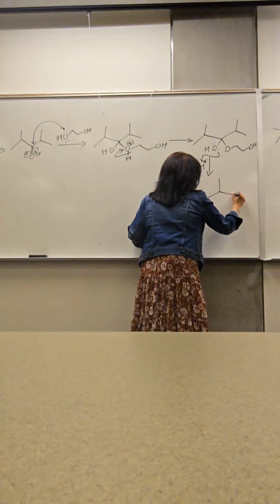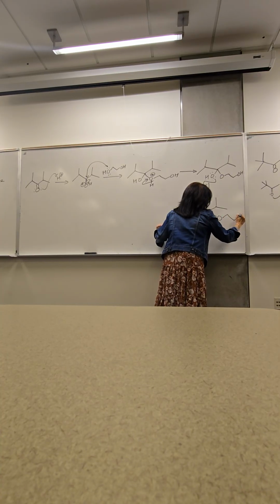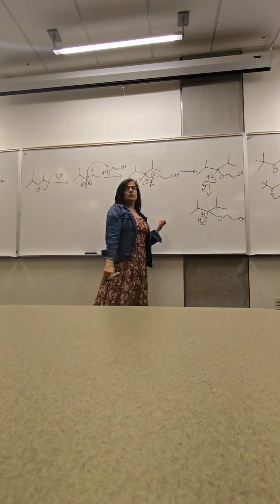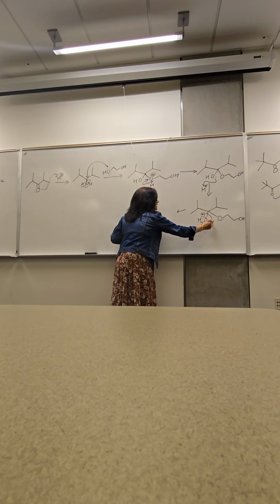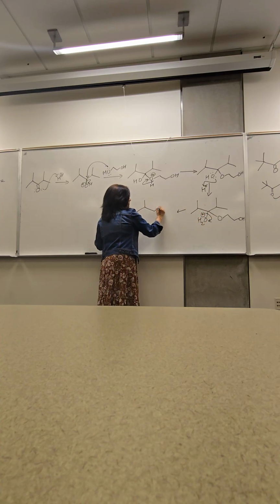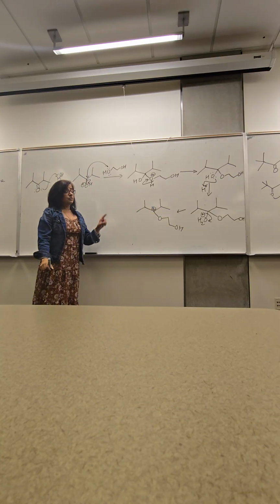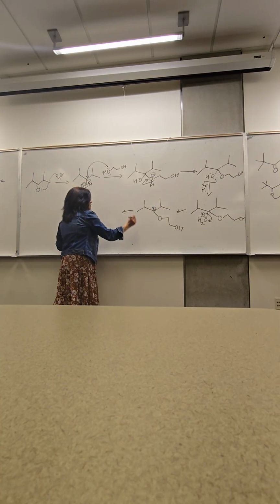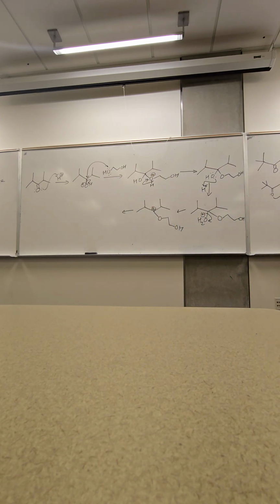It gets protonated, so that becomes a good leaving group. What is this going to do? The leaving group leaves and creates a stable carbocation. Is there any difference? What happened after you got the carbocation? It's resonance stabilized, fine, but the nucleophile attacks.